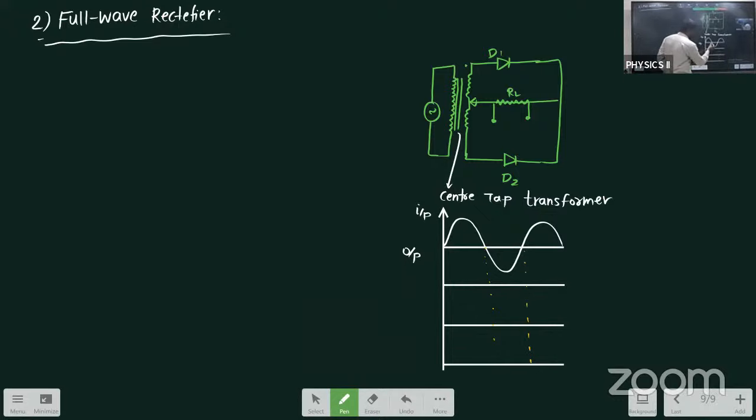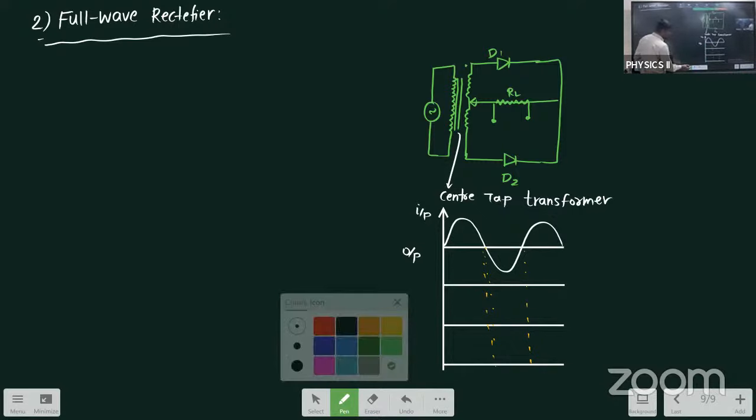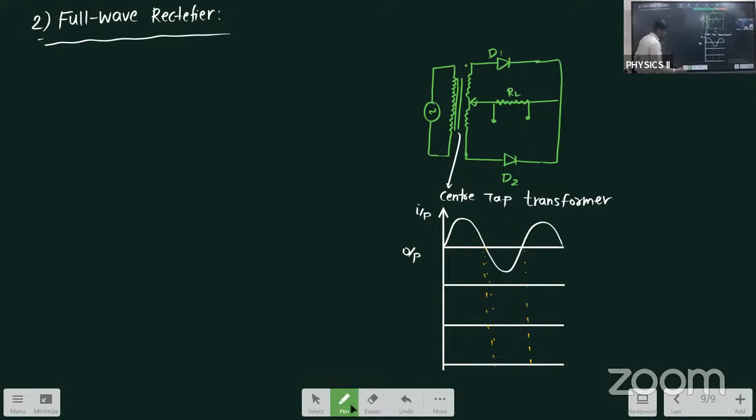See here, everyone carefully see the diagram. In the case of a half wave rectifier, what was the first point that we wrote? It consists of one single diode. But in the case of a full wave rectifier, two PN junction diodes are used. This is the first point you are supposed to write.